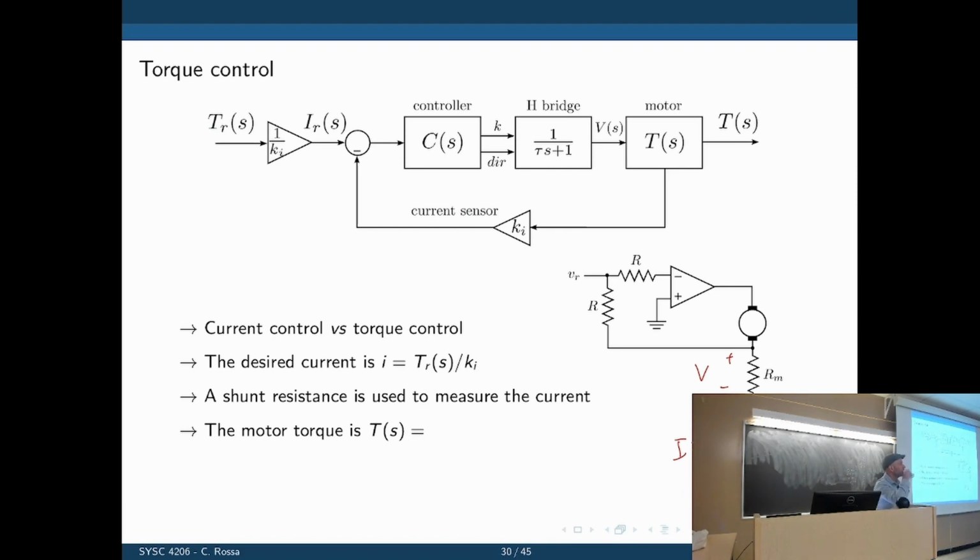Just a digital implementation of a proportional controller. V over R_M, yeah. And then the motor torque is simply the current times K_i.